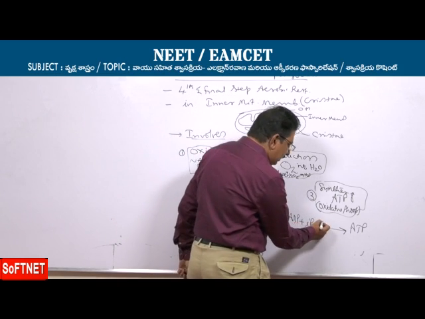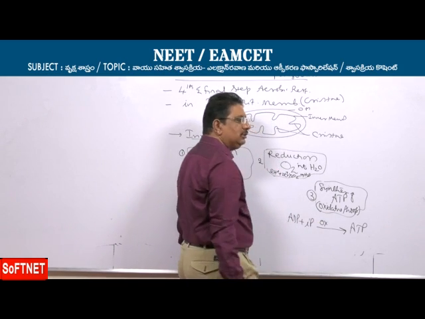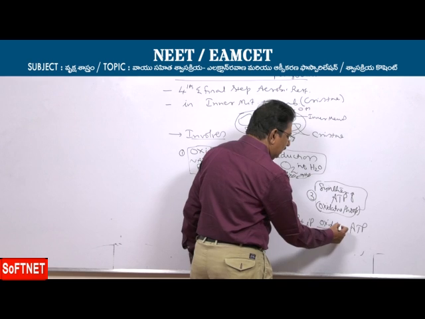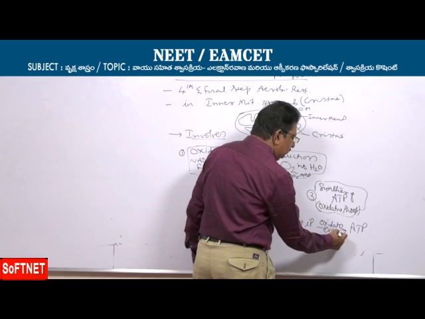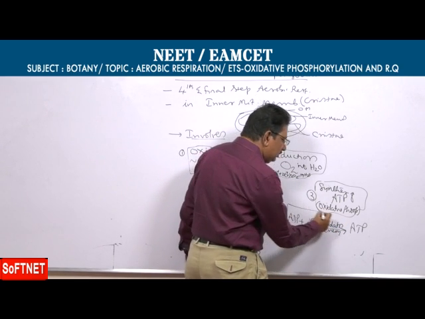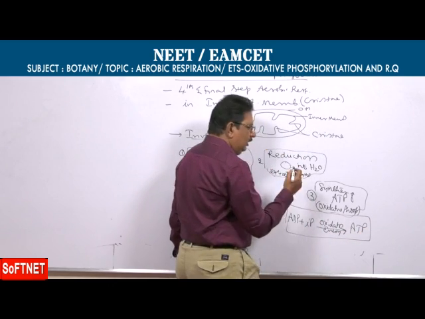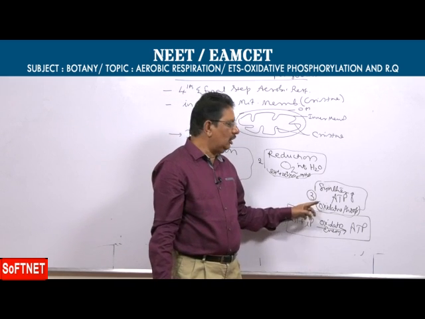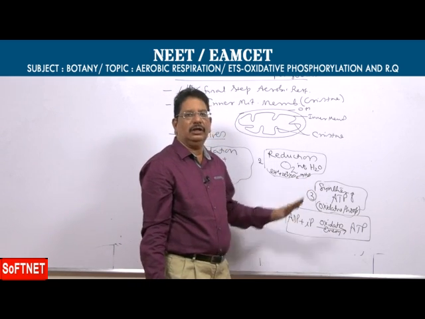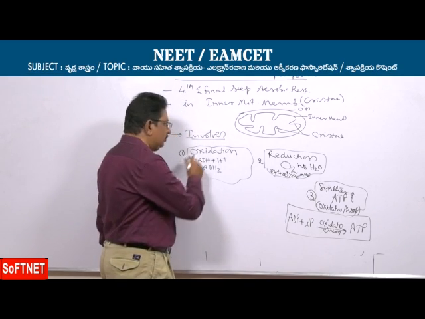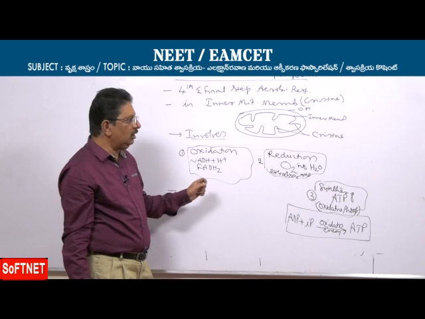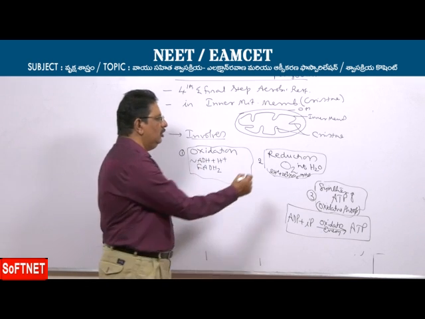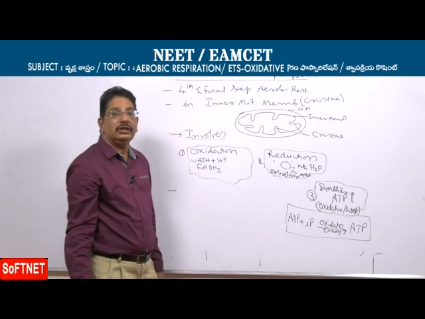So, the energy utilized for synthesis of ATP is oxidation energy. By using the oxidation energy, if ATP is synthesized, it is commonly called oxidative phosphorylation. This is the only event in entire aerobic respiration where oxygen is involved.